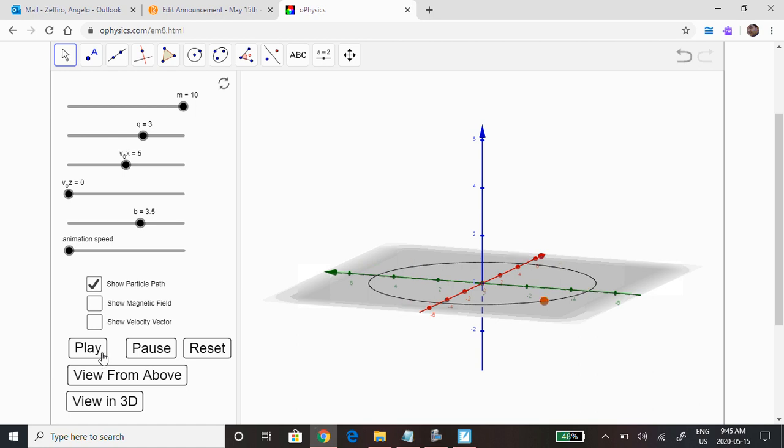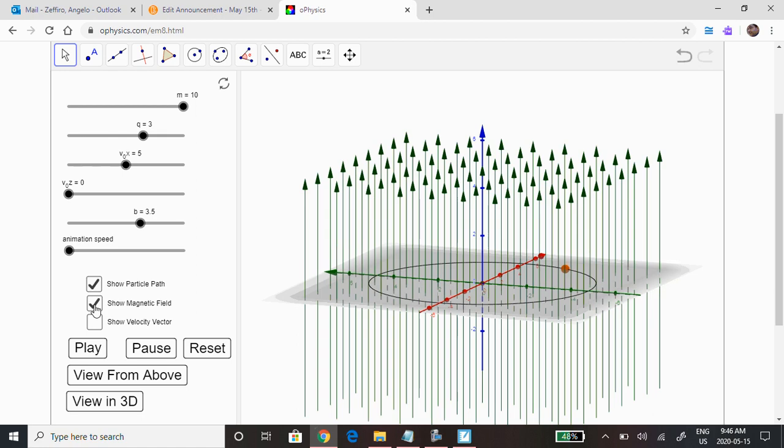So if you have a charged particle moving in a magnetic field, it is absolutely very possible for it to undergo uniform circular motion. So let me show the magnetic field there. There's the magnetic field here. It's going straight up along z. And the particle's velocity is shown there.